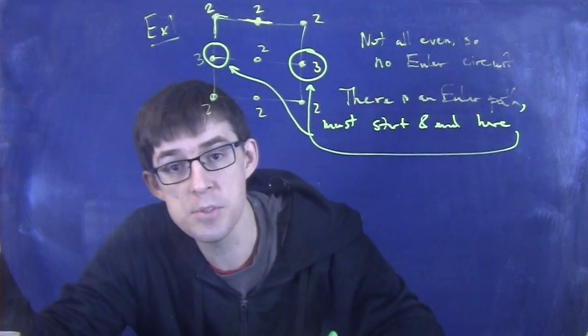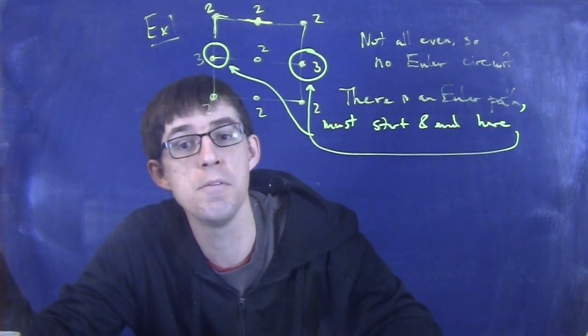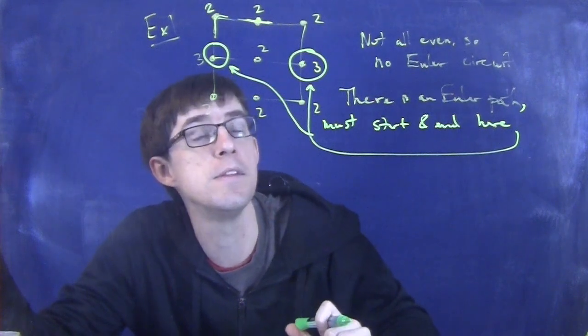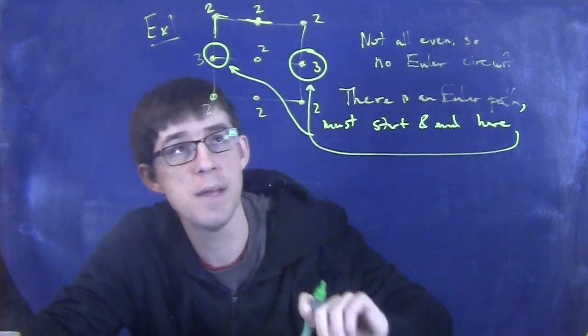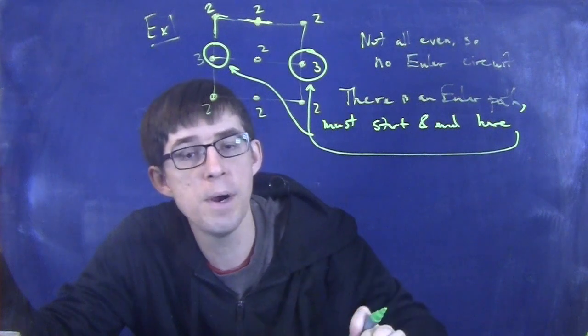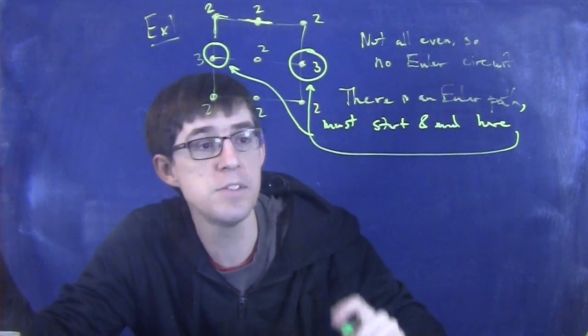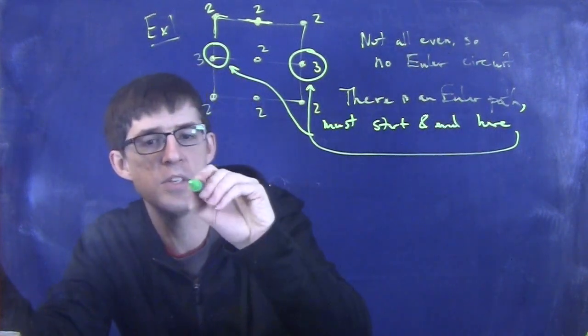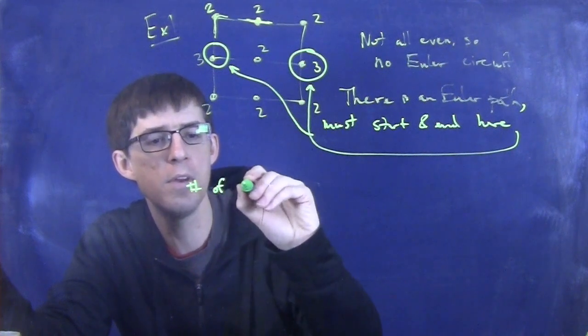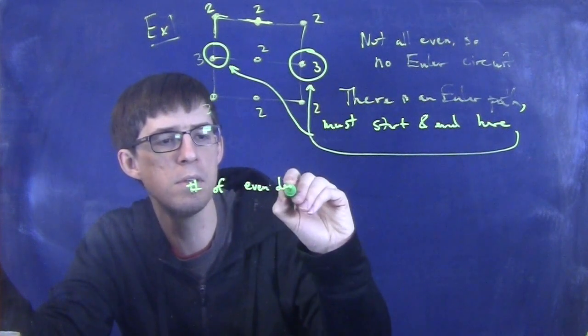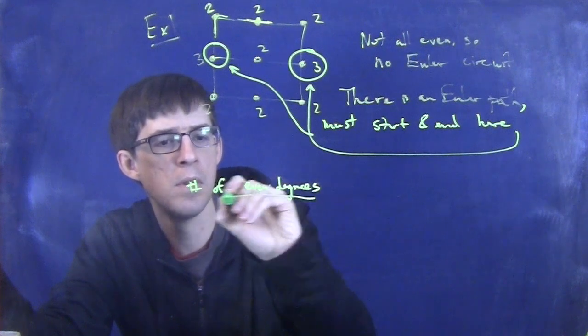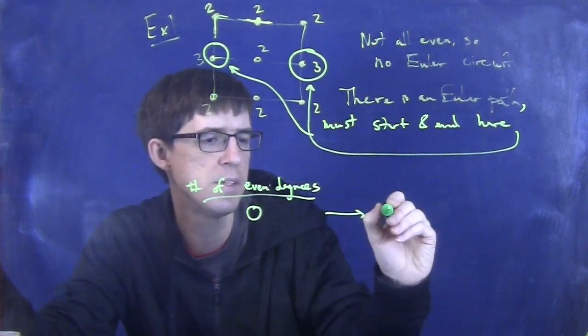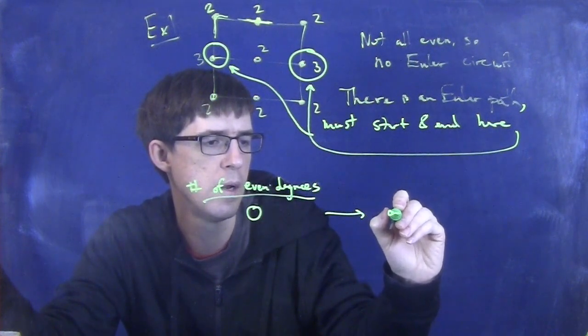Pretty great. These theorems are very powerful. They allow you to say kind of fancy things about the Euler circuits and paths. All you got to know about is the degrees in there. Okay, so in summary here, if you look at the number of odd degrees, if there's 0 of them, that means there is an Euler circuit.